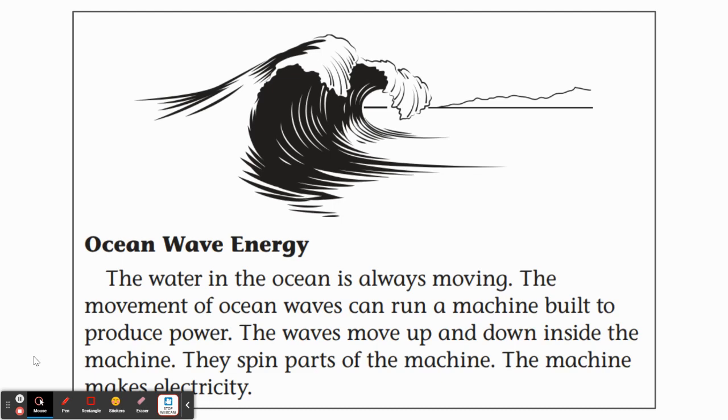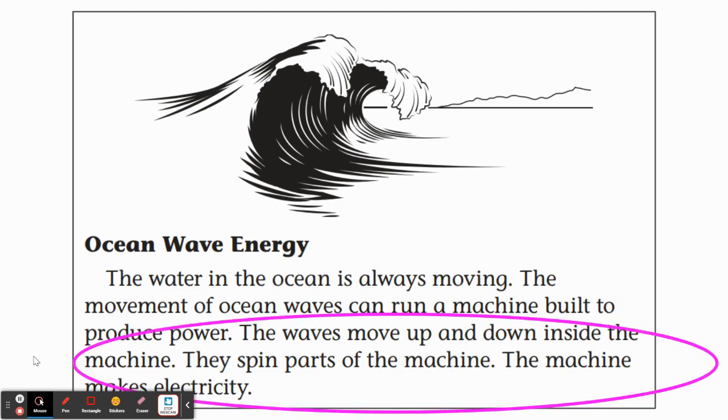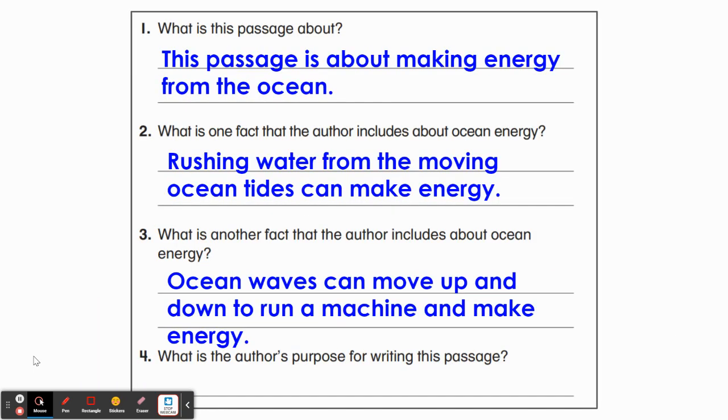And as the waves move up and down, they spin parts of a machine to create energy. So ocean waves can create energy by moving parts of a machine. I wrote, ocean waves can move up and down to run a machine and make energy. Again, if you want to write in your own words or come up with your own facts, you can.